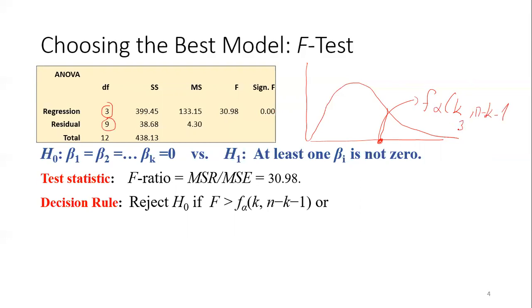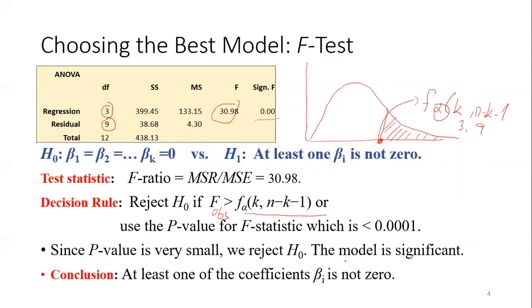So this is 3 and 9. And it leaves an area of alpha to the right. So if your F observed is greater than this critical value, you can reject the hypothesis. Here we are safe because the p-value is already 0. Hence, we can safely reject the hypothesis.